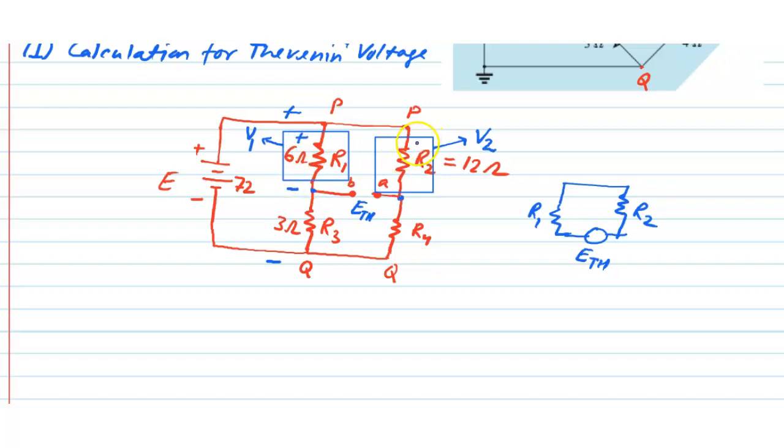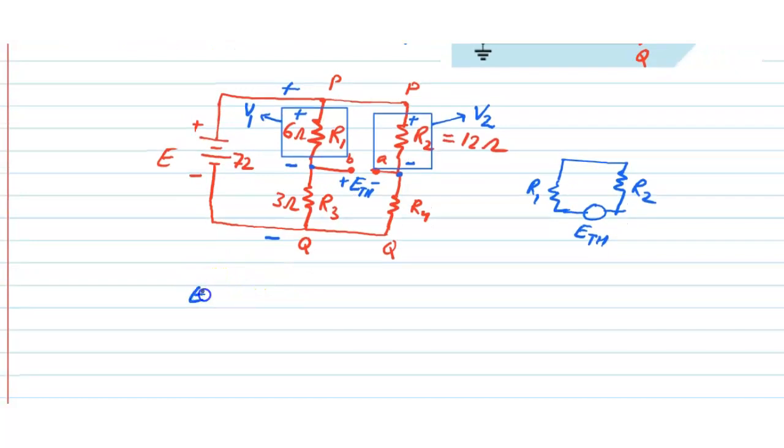Similarly, here this end is the positive terminal and this is the negative terminal. The value of ETH will be the voltage across these terminals, that is the difference of these two voltages, delta V. So it will be V2 minus V1.